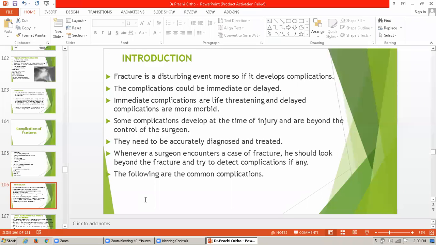The introduction to the complications of fracture: a fracture is a disturbing event, more so if it develops a complication.